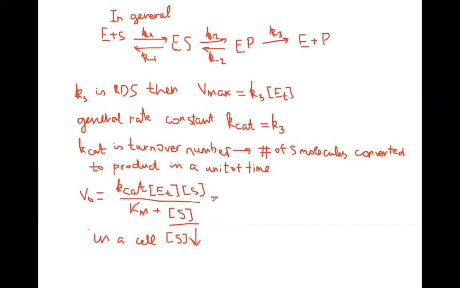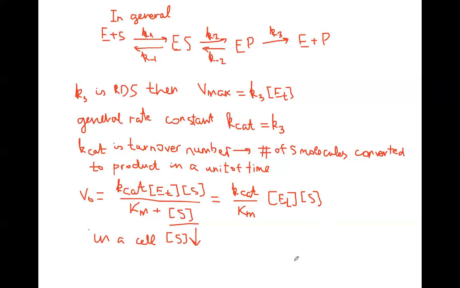And in which case, the expression that we have for V naught is Kcat over Km times enzyme total times substrate concentration. So this term, hold on a second.